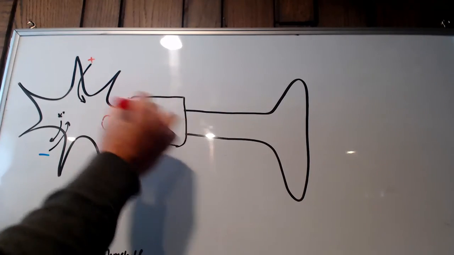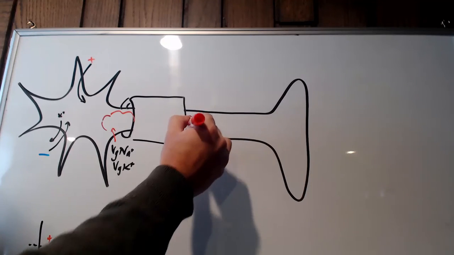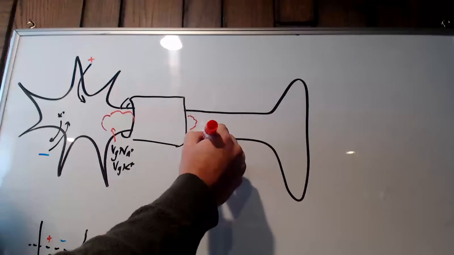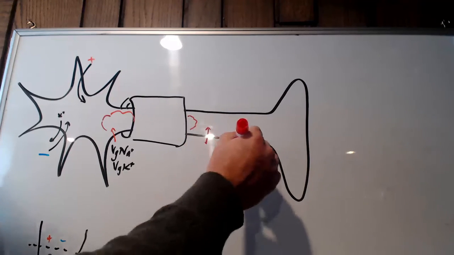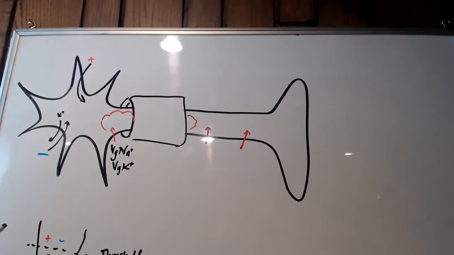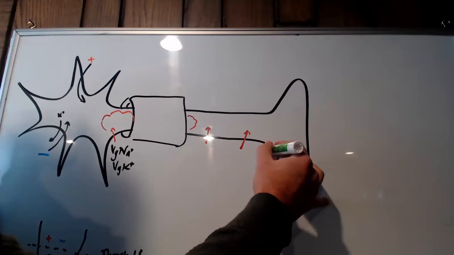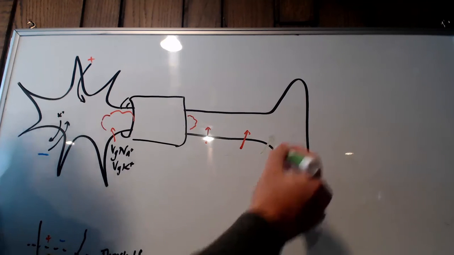It's going to leap across where the myelin sheath is, and then cause more voltage-gated channels to open, which is going to make more positive, which is going to open up voltage-gated calcium channels, which means that calcium is going to go in.